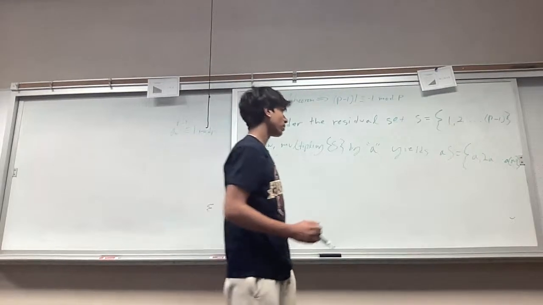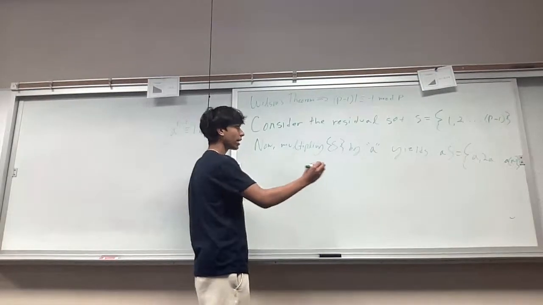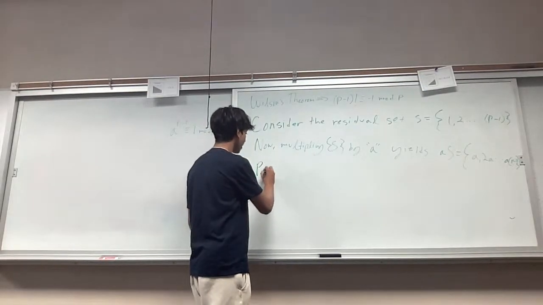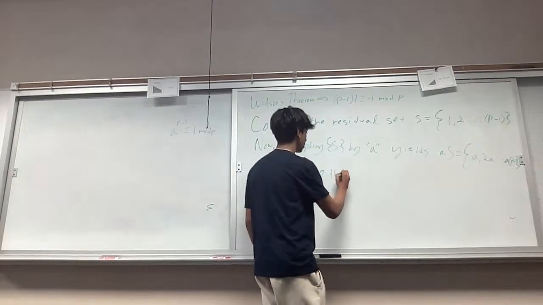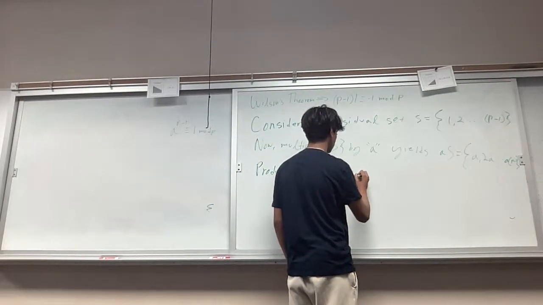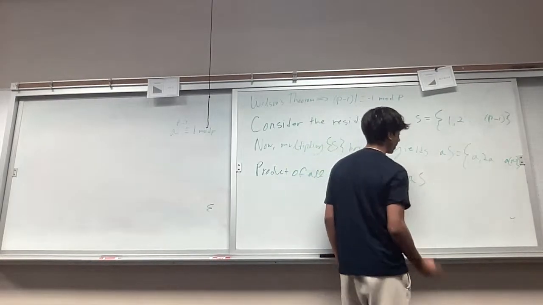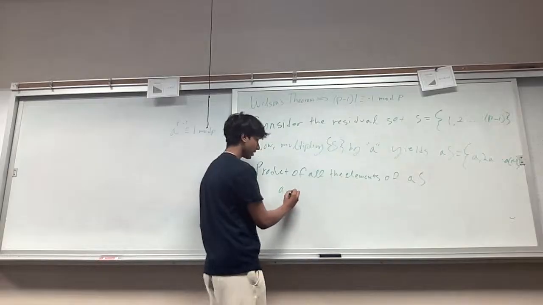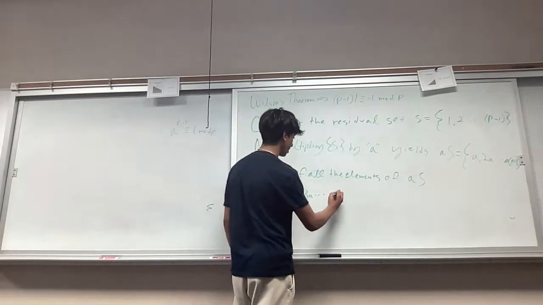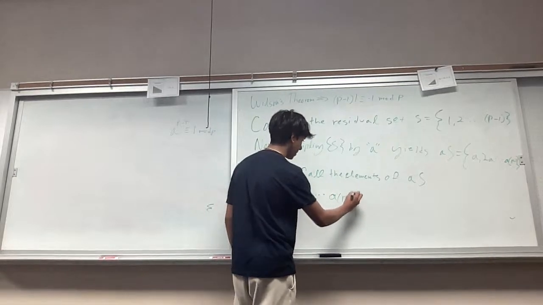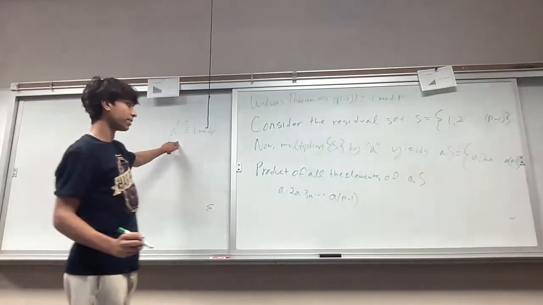Here's a side note before we prove anything. If I were to find the product of all the elements of aS, what would I get? So you're multiplying a times 2a times 3a all the way down to a times p minus 1. Think of this. Get it in the form of a to the p minus 1 times something.